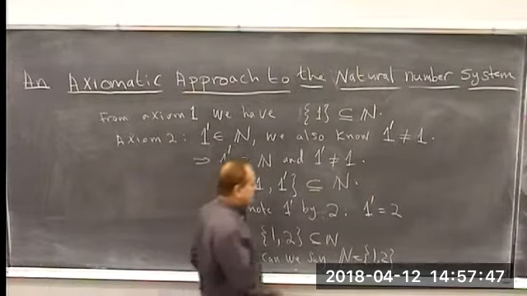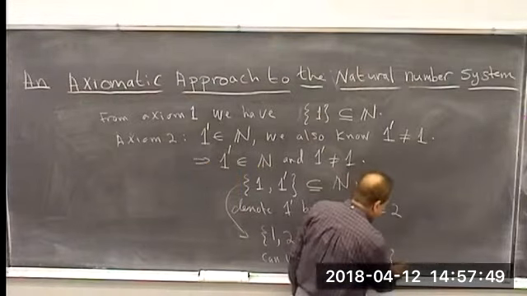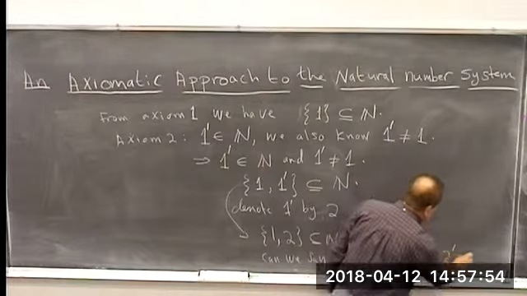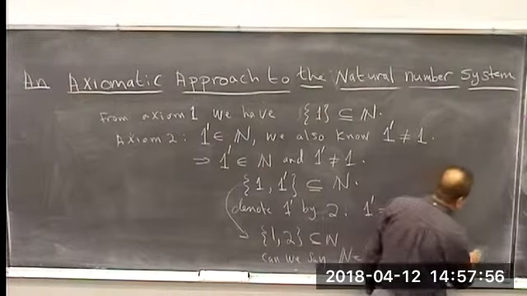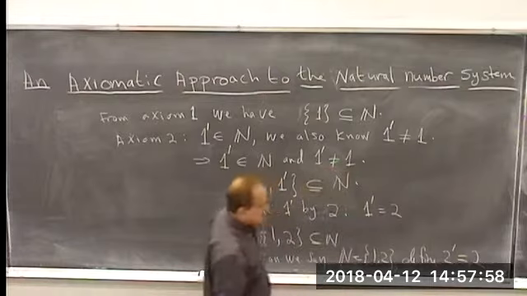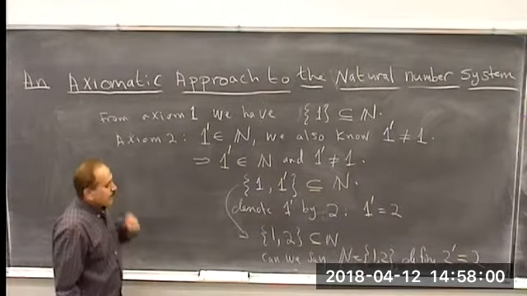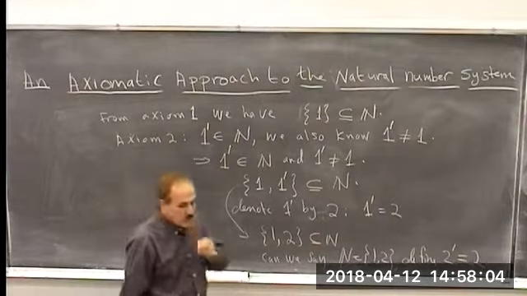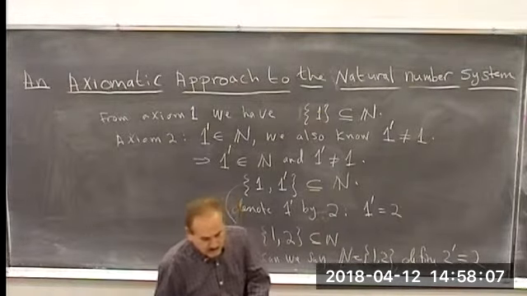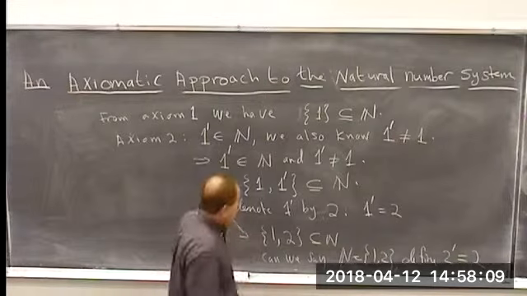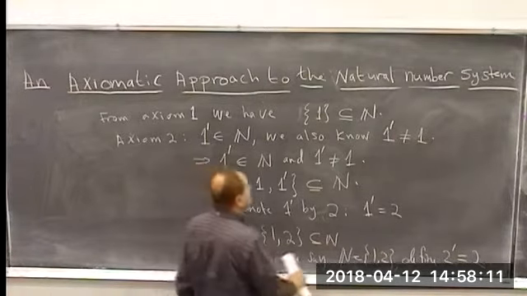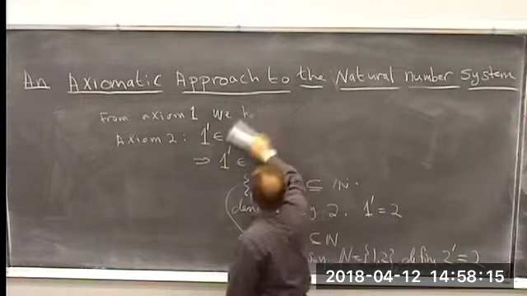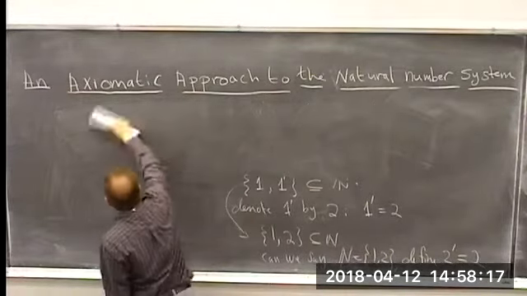How about defining the successor of 2 to be equal to 2? I cannot say 1. So if I say this is equal to 2, then this will contradict axiom 3.